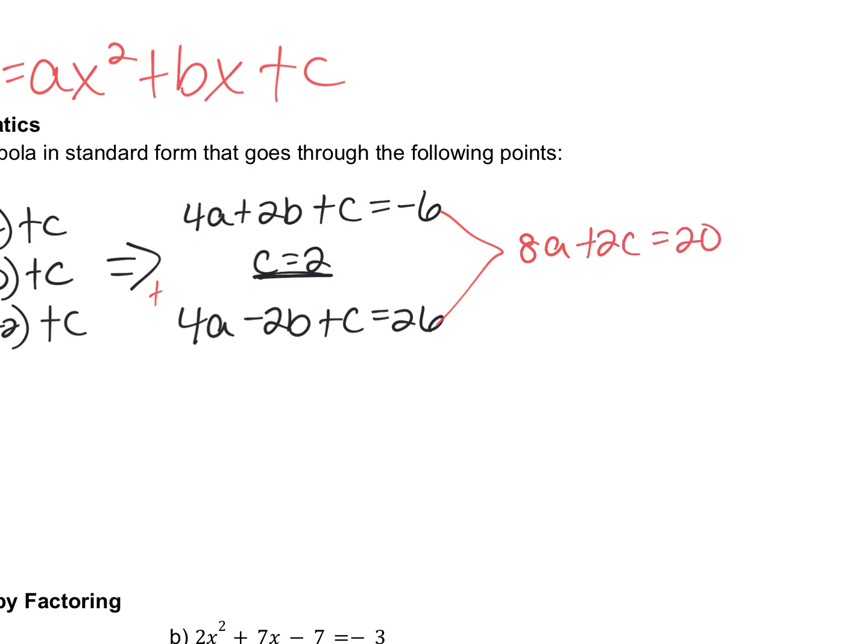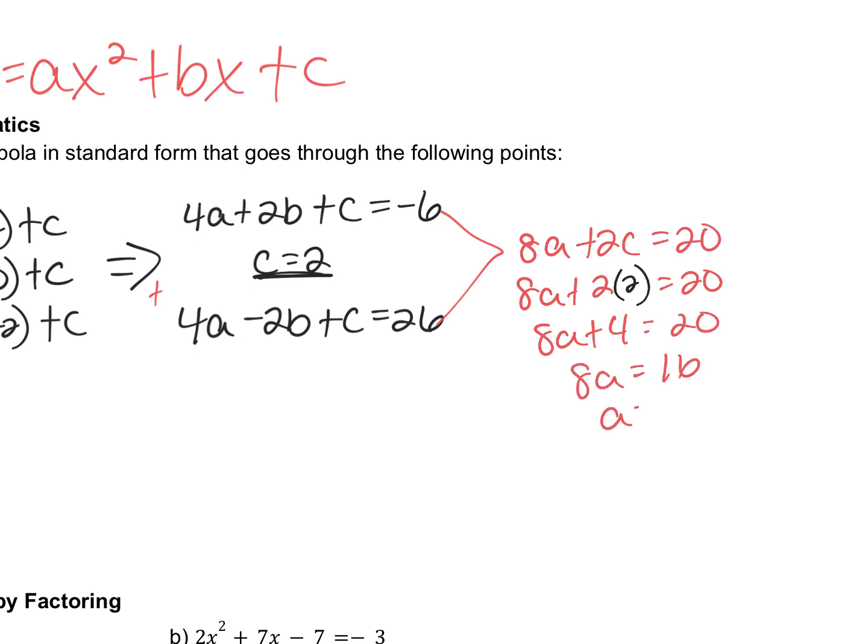And then I know c is 2, so I'm going to sub that in. So 8a plus 2 times 2 equals 20. So 8a plus 4 equals 20. I'm getting a is 2. Sweet, so I have a and I have c.